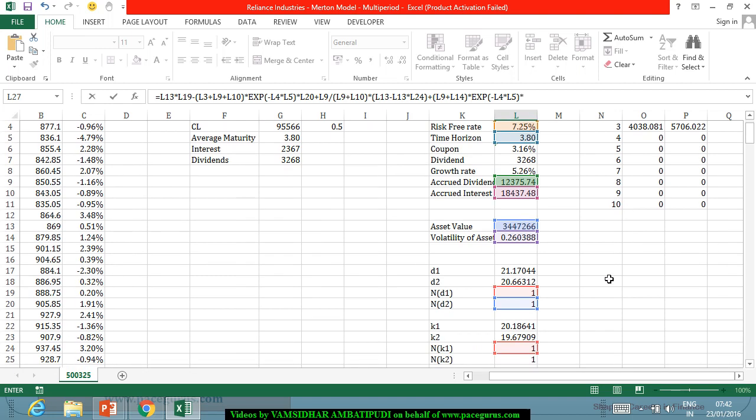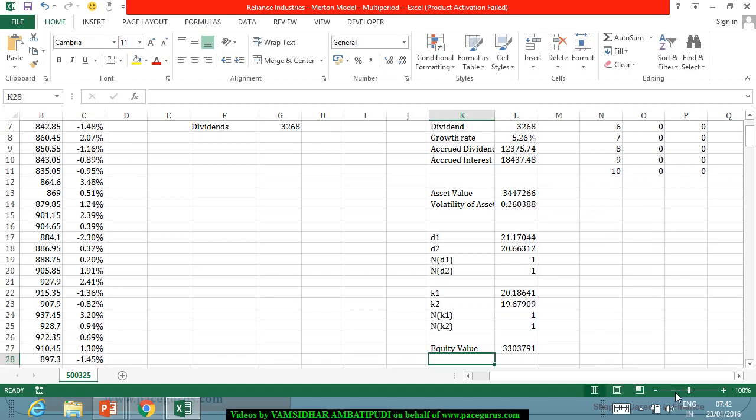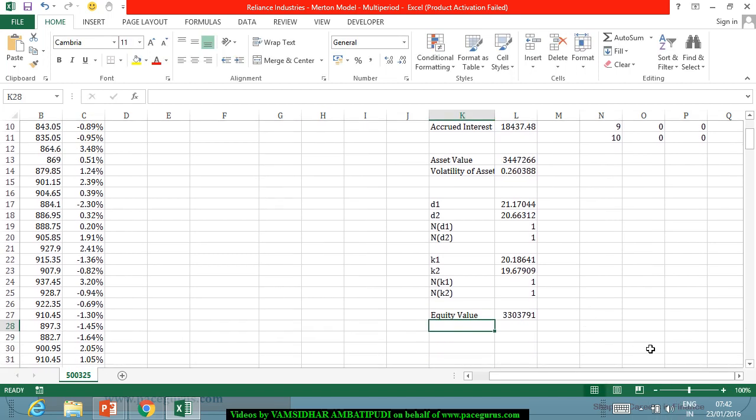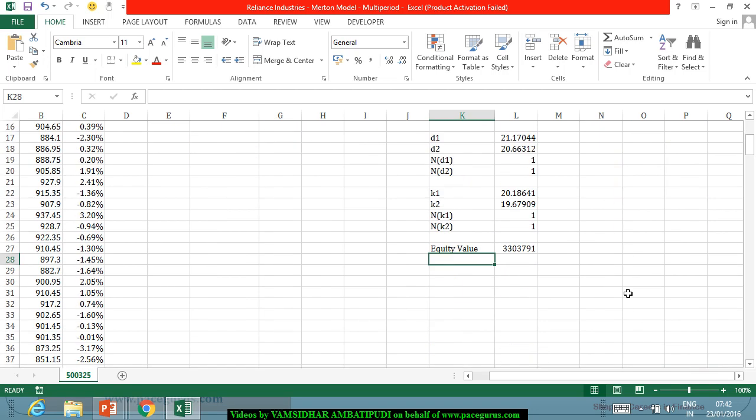So this becomes nk2. So this is what is finally working out, which is leading to an equity value of 3,003.30 million.